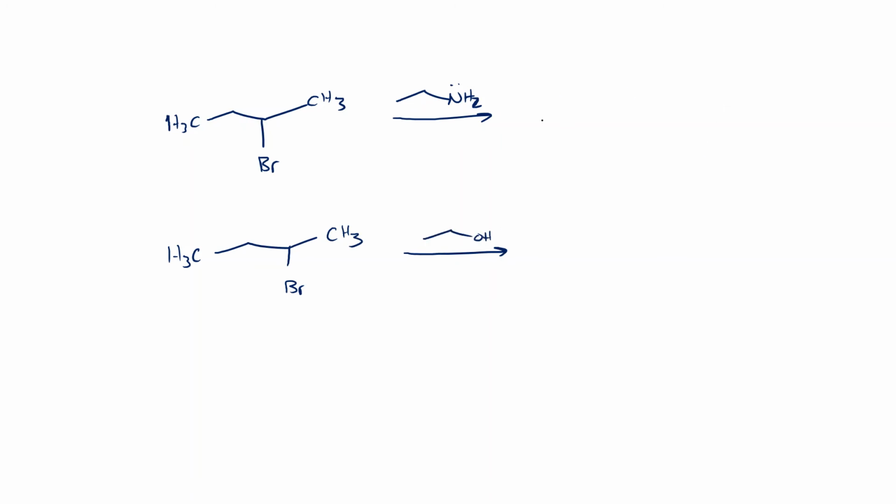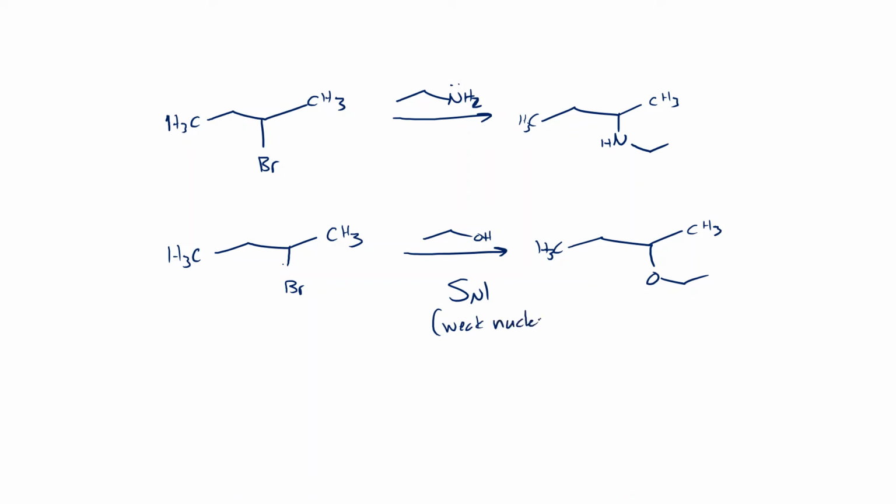In both cases, you'll get the substitution reaction where this nitrogen replaces the bromine, or in this case, the oxygen replaces the bromine. So in both cases, you can get this reaction to work. It's just that in this one, we would expect this to undergo SN1 because it has a weak nucleophile, and that weak nucleophile is this alcohol.